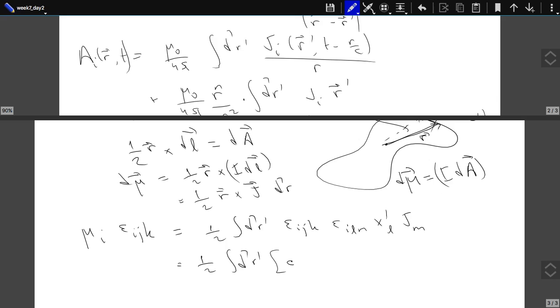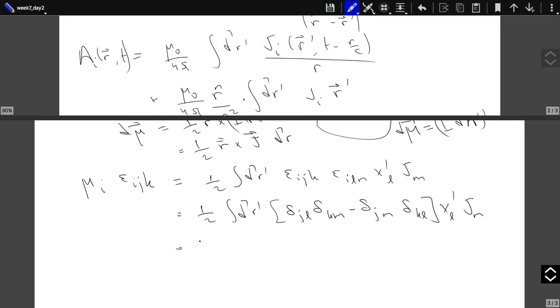That product is Kronecker delta jl, Kronecker delta km, minus Kronecker delta jm, Kronecker delta kl, x′_l j_m, which is 1 over 2 ∫d³r′ (x_j j_k minus x_k j_j).